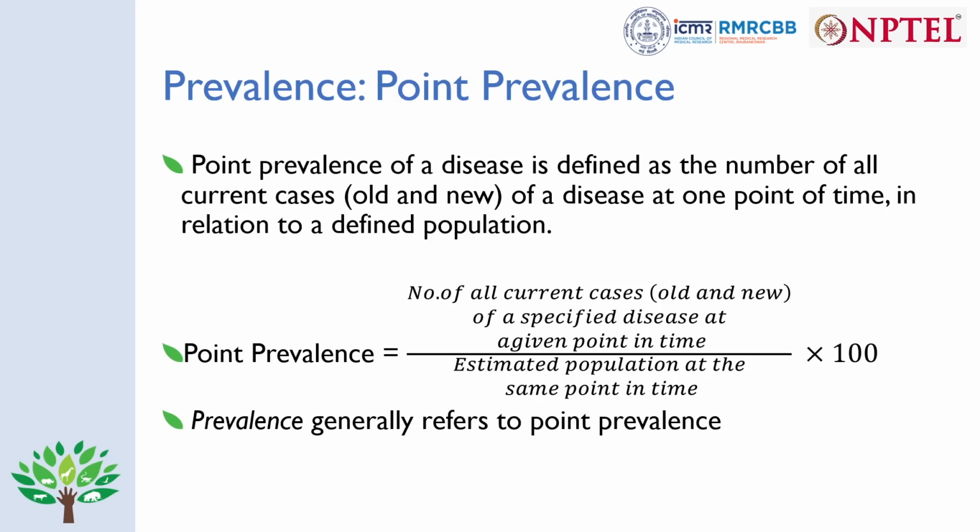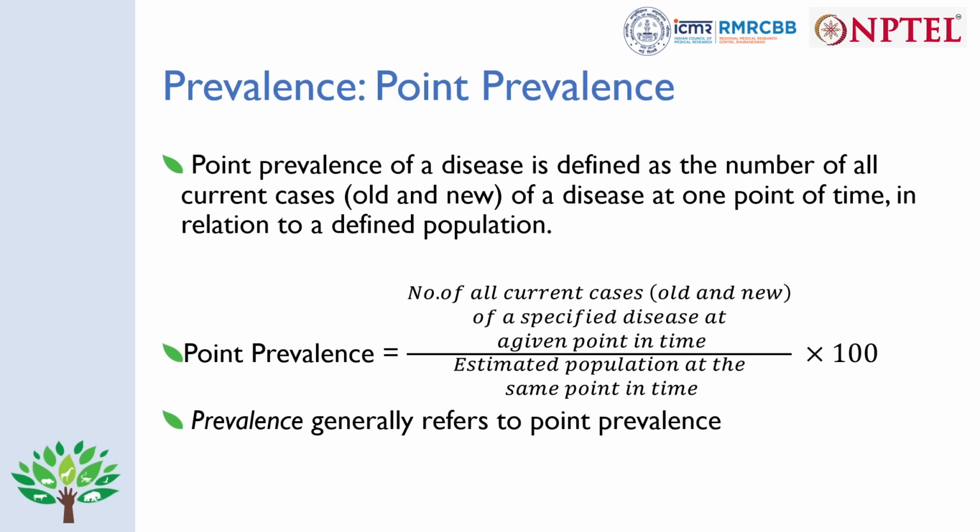So point prevalence of a disease is the number of all current cases, meaning old and new cases. That means those cases which have already been diagnosed and are in the community or in the population, and those who have developed the disease recently, the new cases, at one point of time. As the name suggests, point prevalence: at a point of time, what is the prevalence is known as point prevalence.